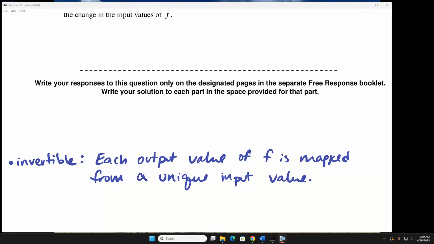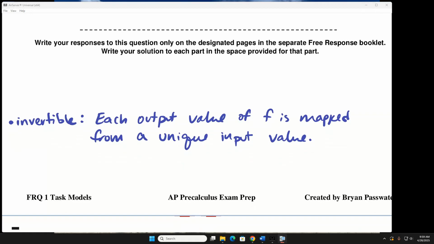If it's not invertible, you just have to give an example of when this is not true. So you would say for not invertible, and I'm just making this up, this isn't about this function.